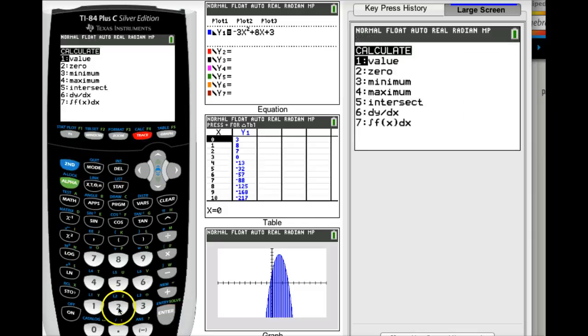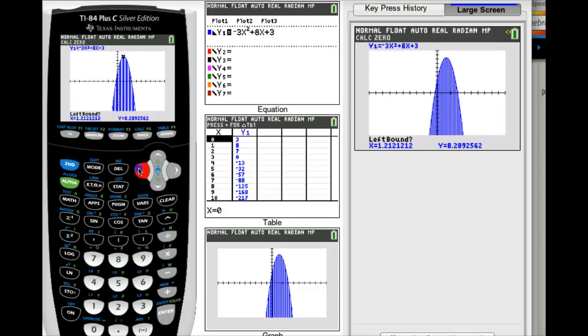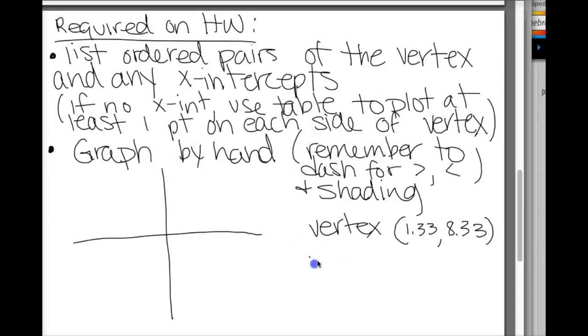This one does have x-intercepts, so I need to find them. Second trace, choice 2. So again, it's all these same calculator features that we've gone over lots of times before. So left bound is right there, press enter. Right bound, press enter. Guess. So it's negative 1/3, 0. So my x-intercepts, I'm going to list the fraction this time because I'm sure that that one's at negative 1/3.